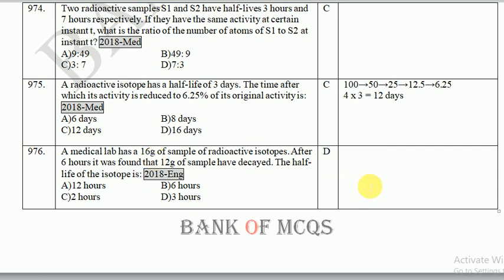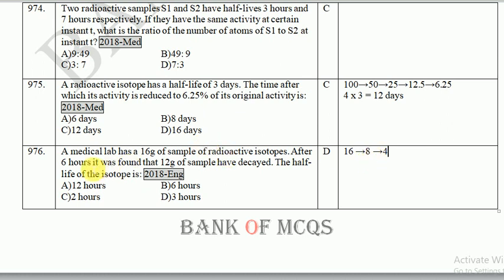Now if this was 16 gram, after the first decay the left substance will be 8 gram. After the second decay the left substance is 4. So the leftover substance after the second decay is 4, while the decayed substance is, the sum is 16, so 16 minus 4 is equal to 12. So 12 gram has decayed, which means 2 half-lives have passed.